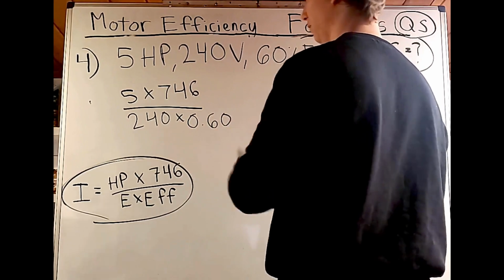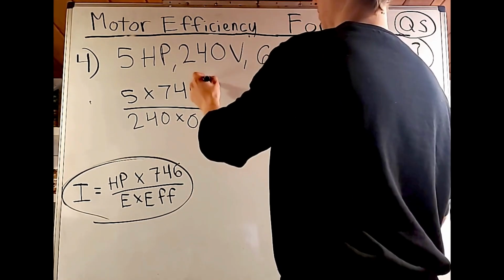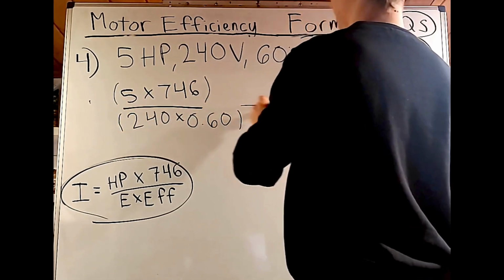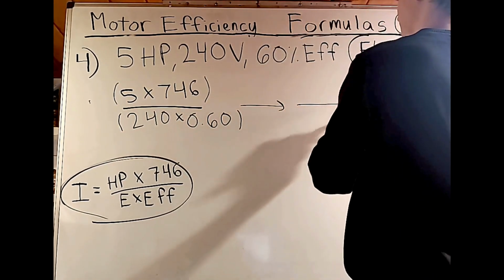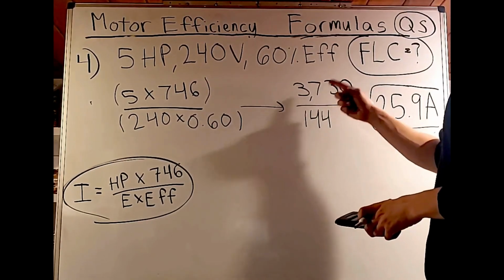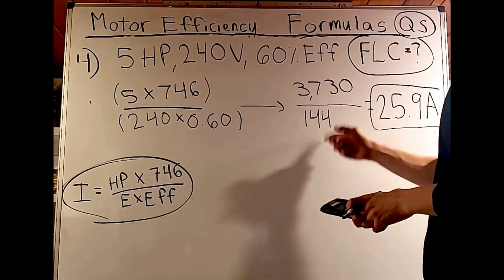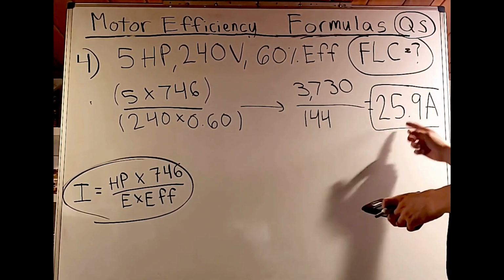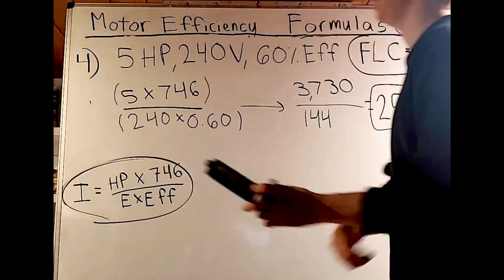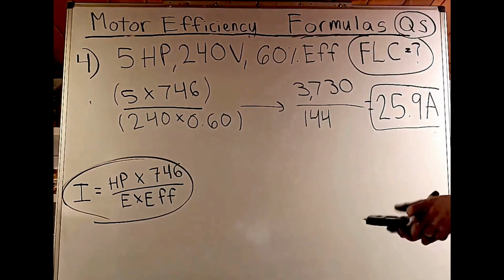Okay, you don't need to put the 0 after, of course. We're going to multiply the top, and then we're going to multiply the bottom separately. We're going to get each one of those separate answers, and we're going to divide them accordingly. Okay, 3,730 divided by 144, we're going to get 25.9 amps since we're working with the current, and that's going to be our full load current for this answer.